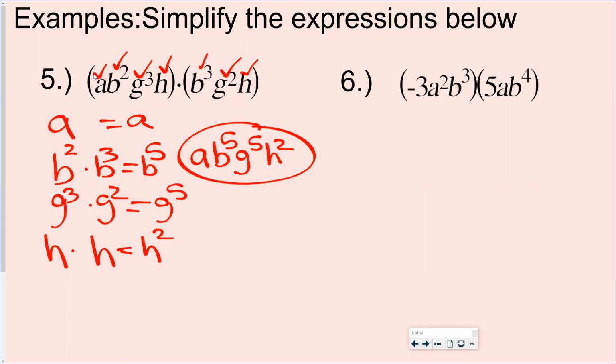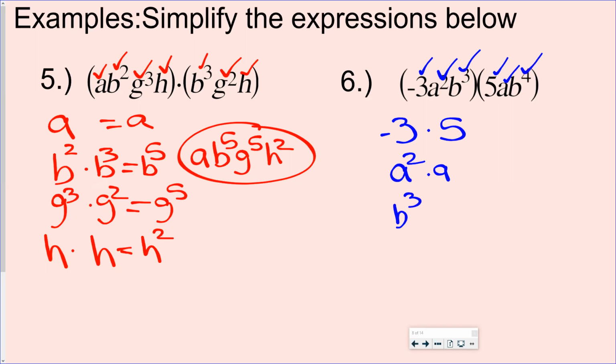So let's try the next one. The next one, I see I have -3. What's in common with -3? It would be 5. Constants, coefficients, those go together. Put your coefficients together and multiply those, just like we're going to do with our a's: a2 and a, b3, b4.